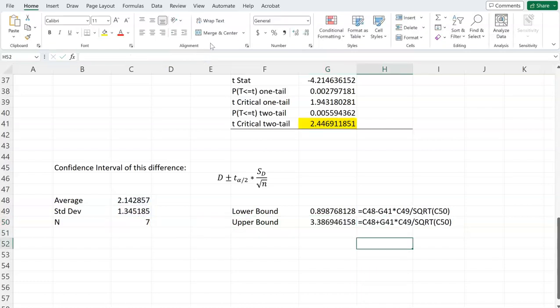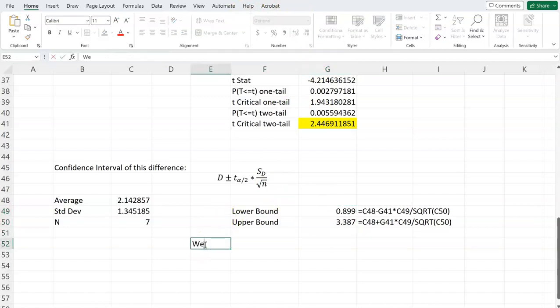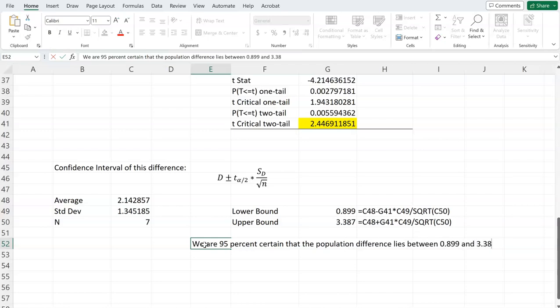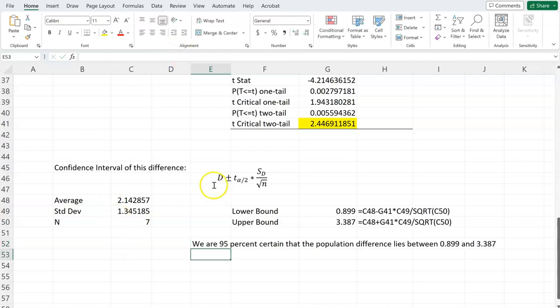So from these two numbers, we make them into slightly smaller numbers. So we are 95% certain that the population difference lies between 0.899 and 3.387. So this gives us the confidence interval.